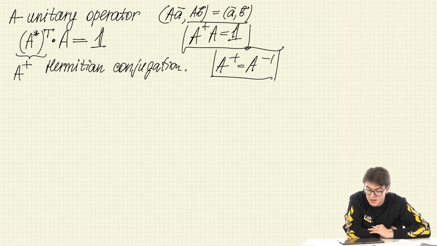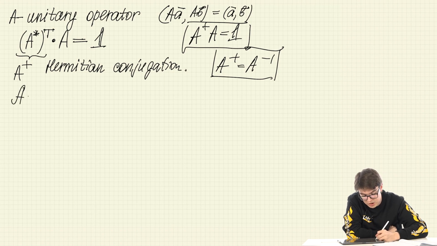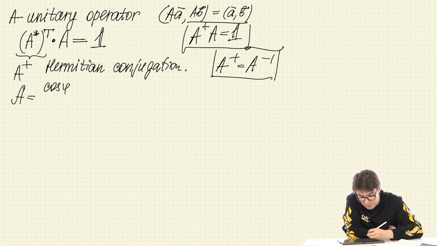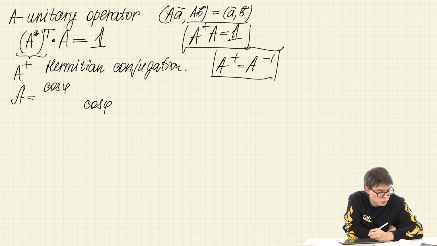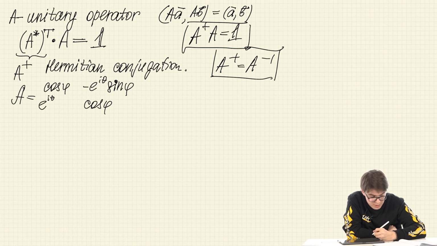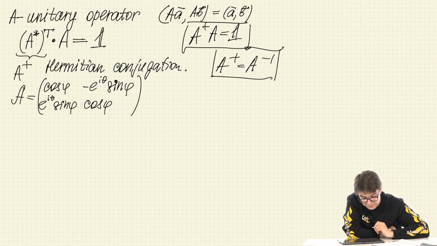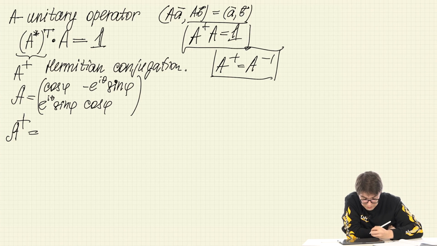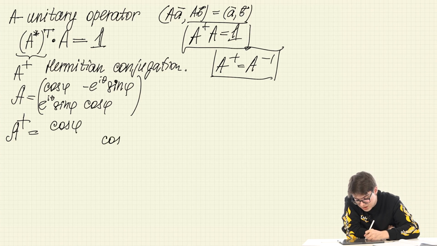So again, we should give some kind of illustration. And again, it is given to you to think over the meaning of the expression which would be written there. It looks like the matrix which I wrote earlier, but a bit changed in order to make it complex. If we count A cross, it's cosine phi, cosine phi.